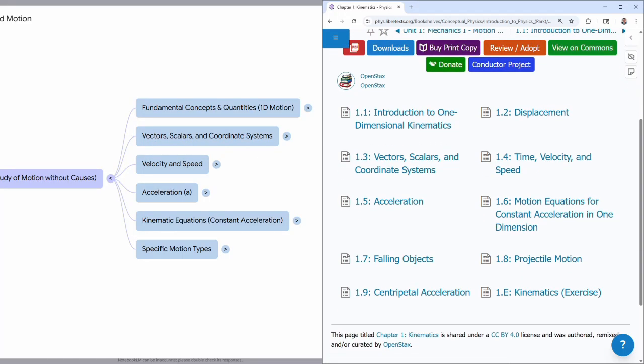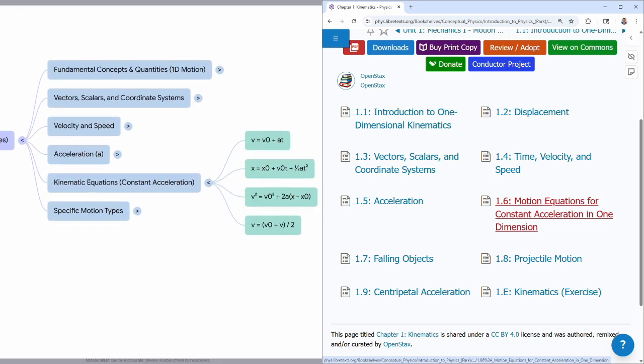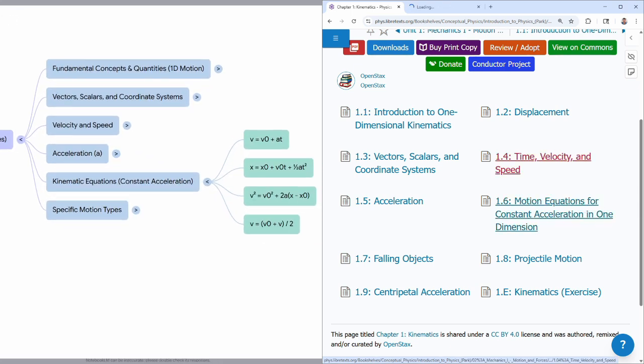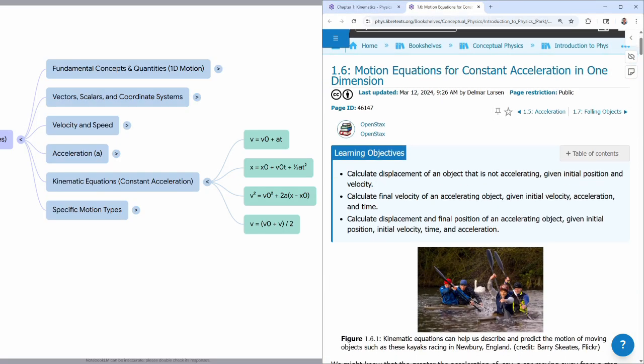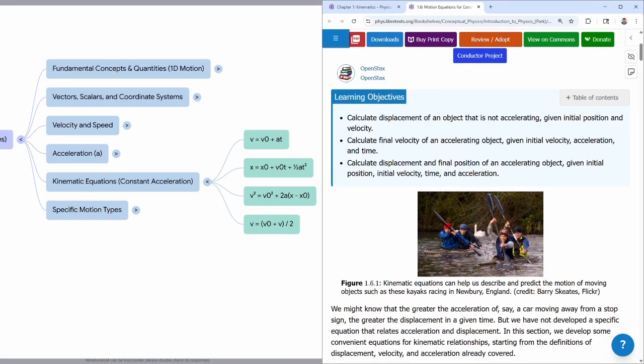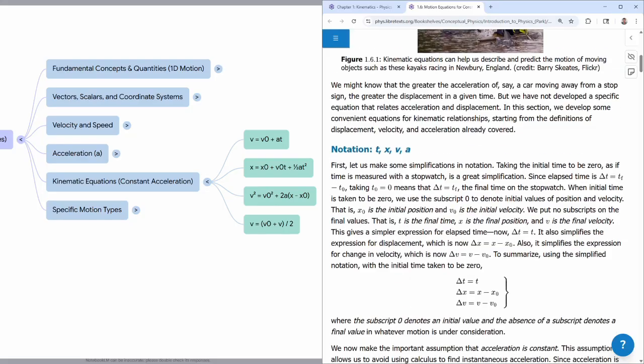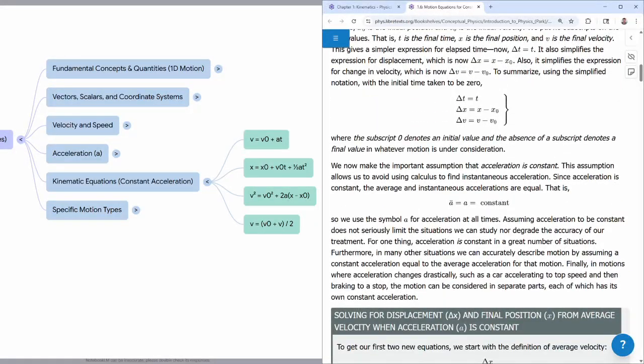So in this second part, we are going to get a little more quantitative. We will look at the kinematics equations covered in Section 1.6, and this is probably the most quantitative, most mathematical part of the chapter, and maybe even the entire semester.